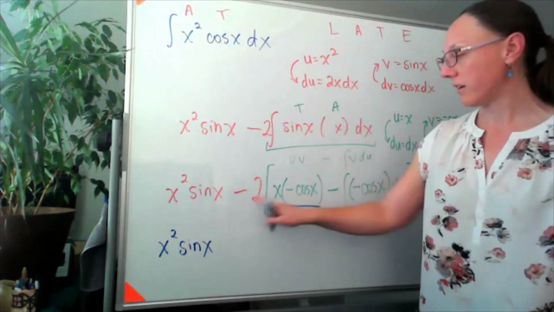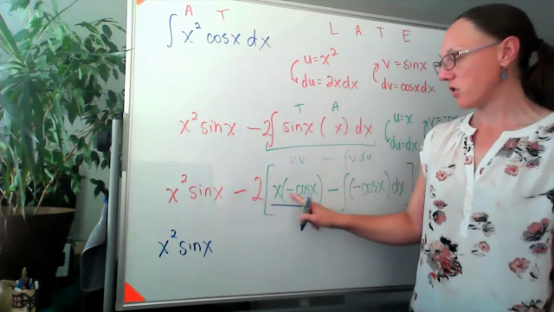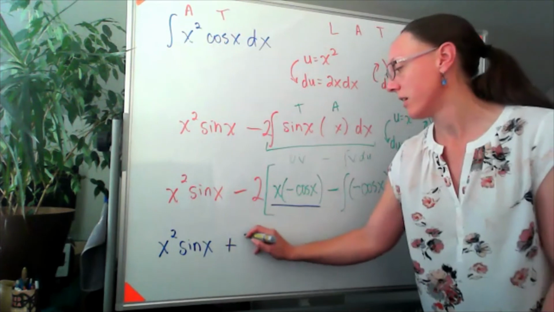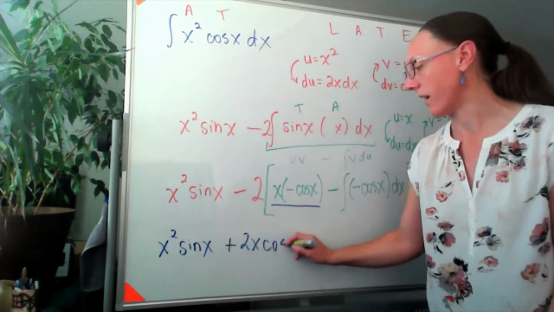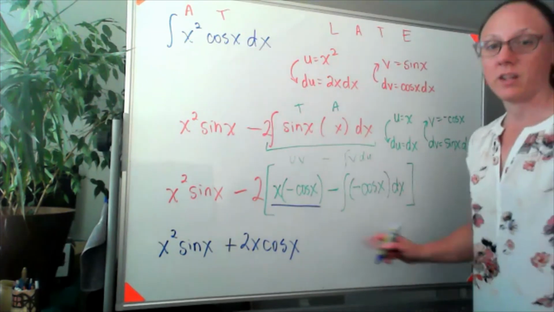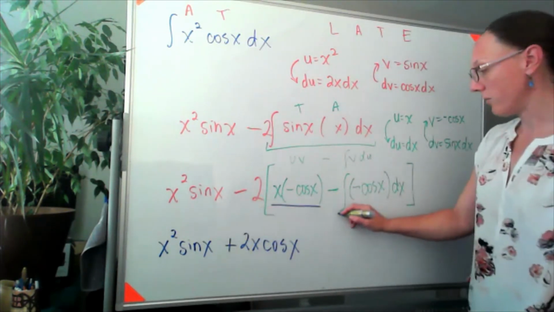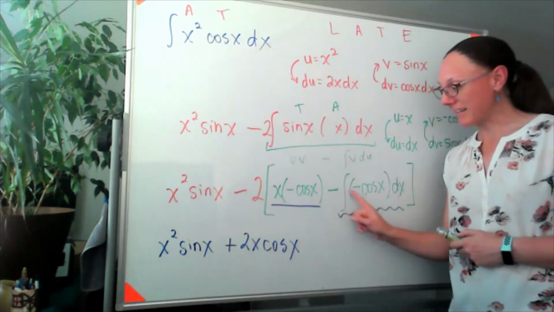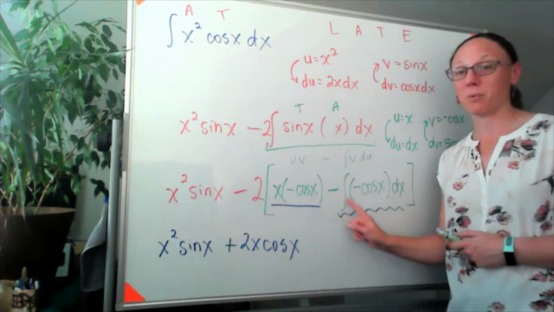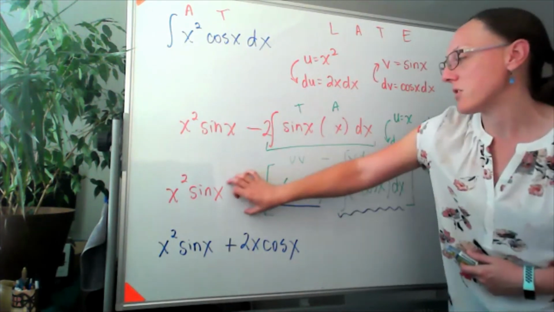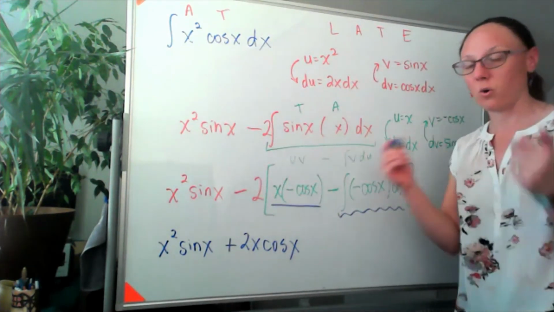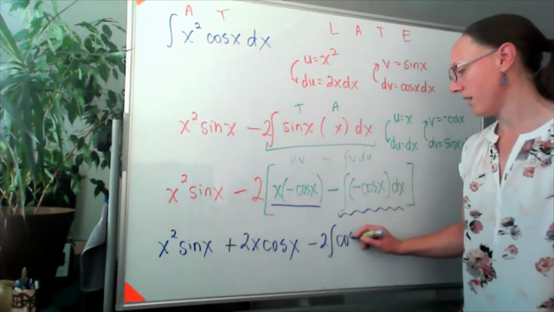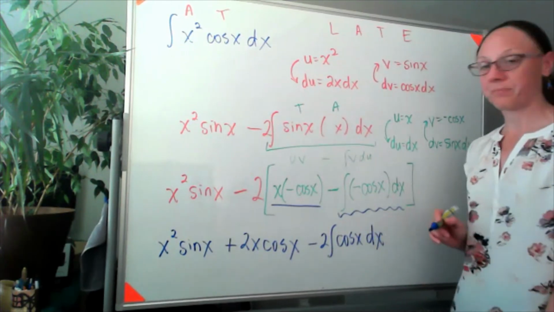So when I distribute the negative 2 into this, the negative 2 times that negative cosine of x is going to leave me with positive 2x cosine x. When I distribute that negative 2 back here to the second part, first of all, I've got minus a minus here, which would make this a plus, that integral. And then I'm distributing the negative 2 in. So overall, that's going to leave me with negative 2 times the integral of cosine x dx.